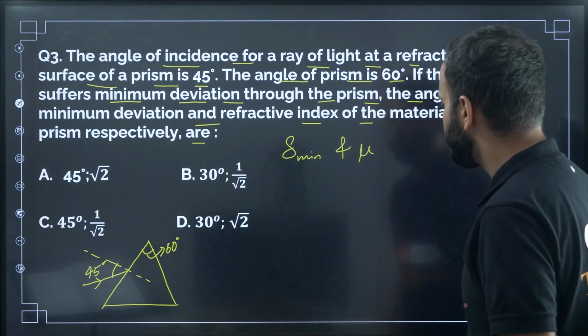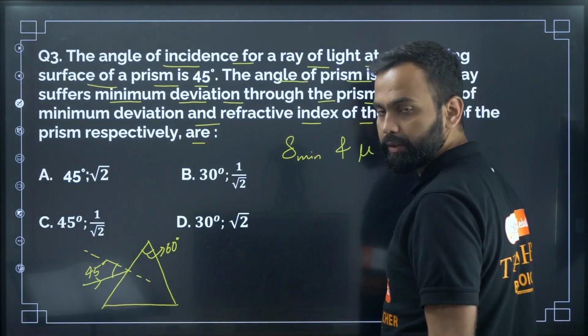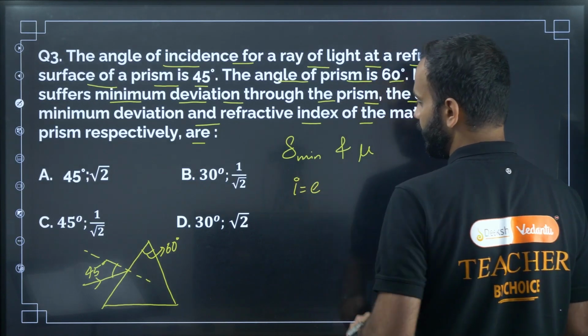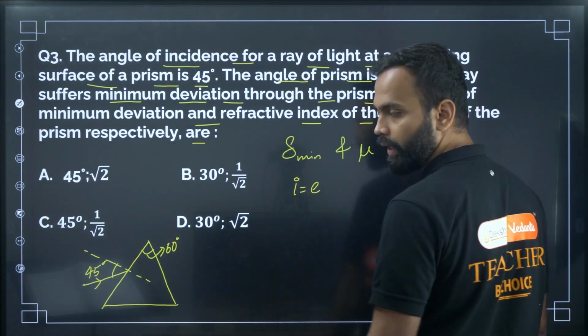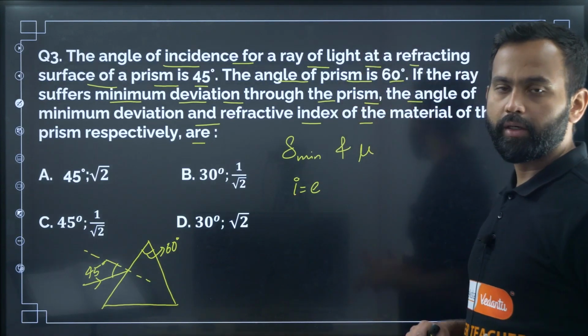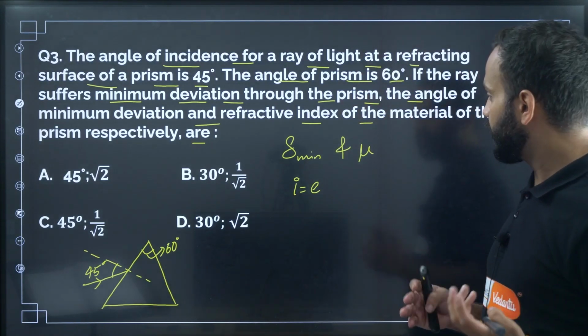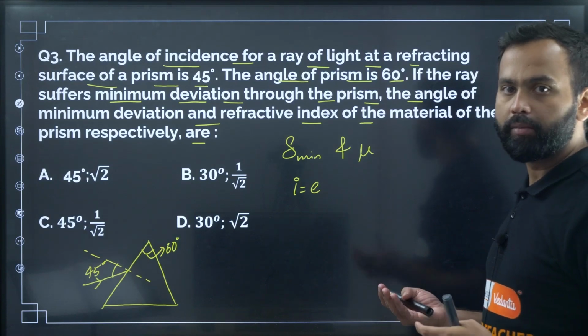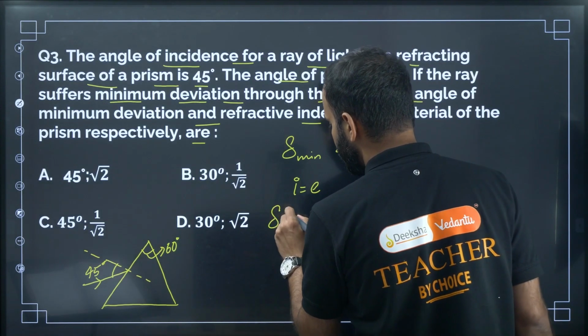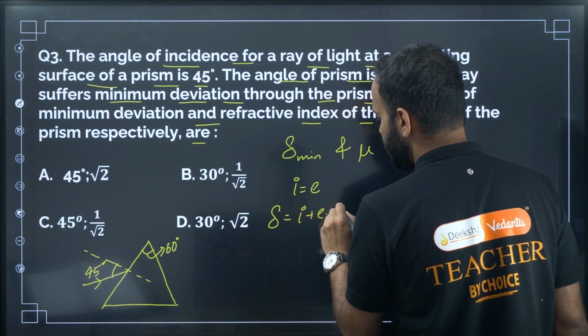Let us find delta minimum, that is minimum deviation. What is the condition for minimum deviation? I equal to E and r1 equal to r2. We know the relationship between deviation, angle of prism, angle of incidence and angle of emergence, that is delta is equal to I plus E minus A.